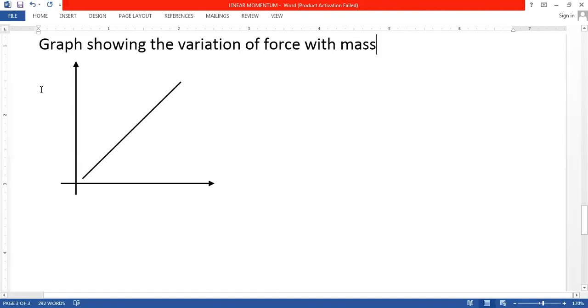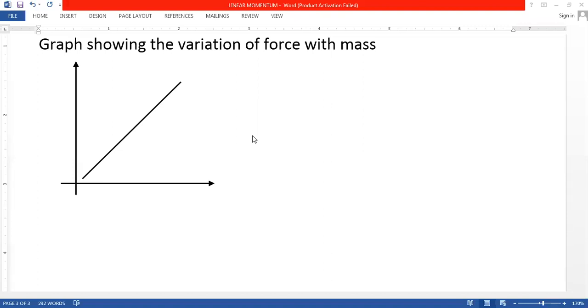Please make this change and draw this graph. Clear class? So your mass will come on the x-axis in this case and your force will be on the y-axis. But we know more will be the mass, more will be the force required to produce the constant acceleration.